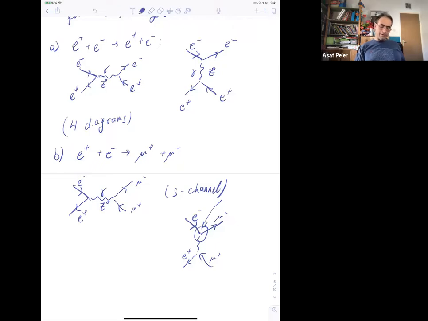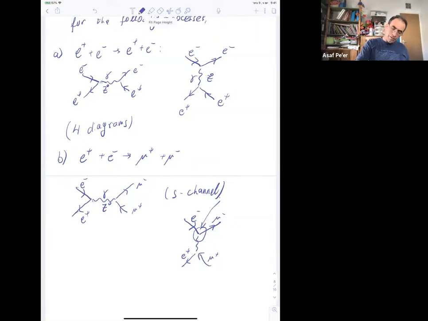I don't have anything like that. So we have violation of lepton family in each vertex, both here and here.